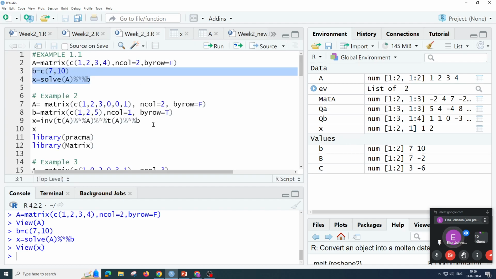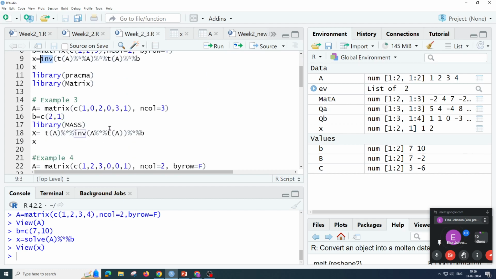It's based on another question which was given in, I think, a practice assignment. One thing you have to see is that percentage star percentage means matrix multiplication, and t of A will denote the transpose of a matrix. Then finding the inverse, that equation is just given for some example.